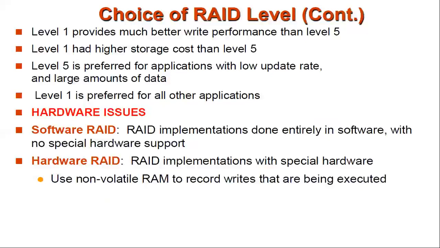The performance is much better than level 5. But level 1 has a higher storage cost than level 5. That is another point you can see here. We are talking about level 1 and level 5 because the main competition is between level 1 and level 5.